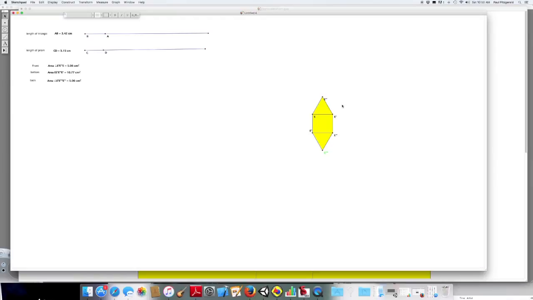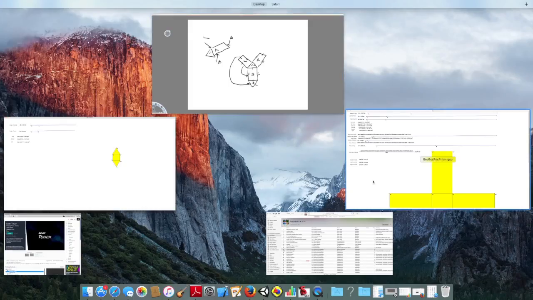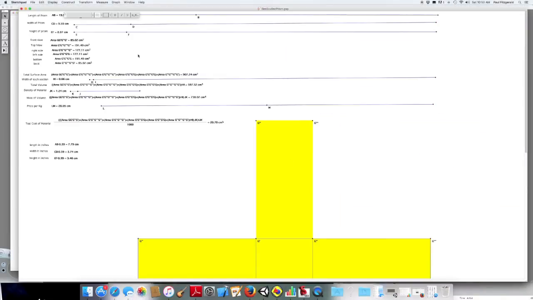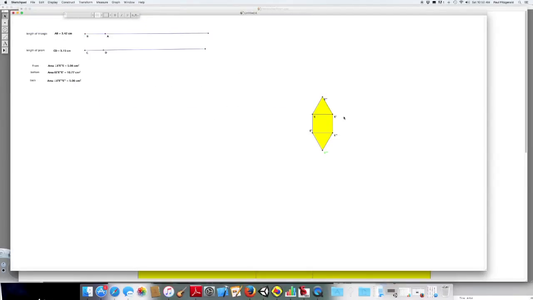So this is the front. We want to make the right side. And in order to make this a little more clear, why this works the way it does, I'm going to go ahead and select this line. I'm going to put in a parallel line.